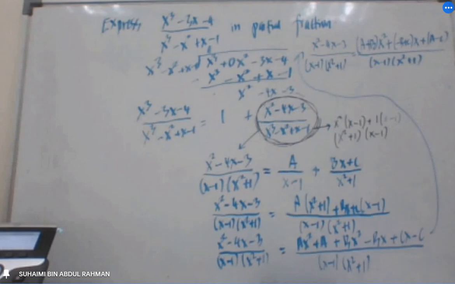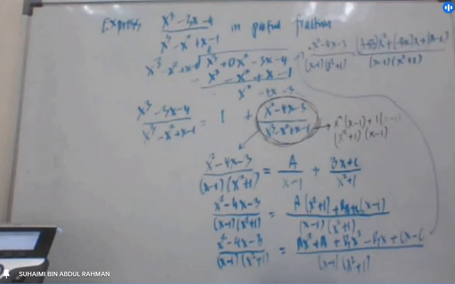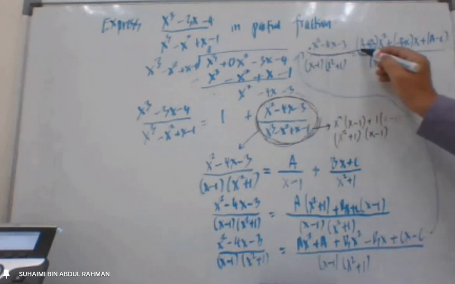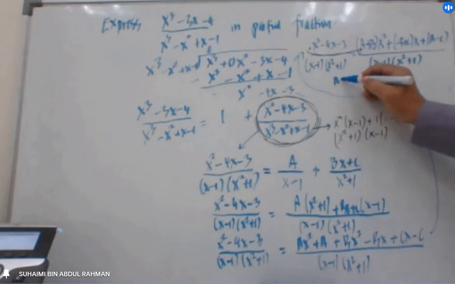Now we can make comparisons. What is the coefficient of x squared? 1. So we can say that A plus B equals 1.